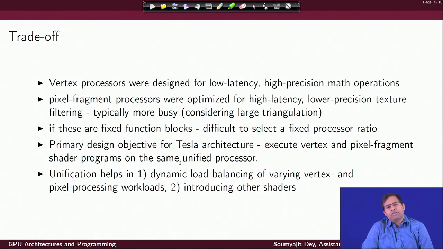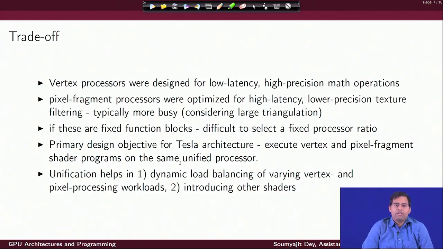Depending on the input triangulation, it can be decided dynamically how many threads will be doing the computation for vertex processing and how many threads will be doing the computation for pixel processing, so that overall we have a very high throughput.